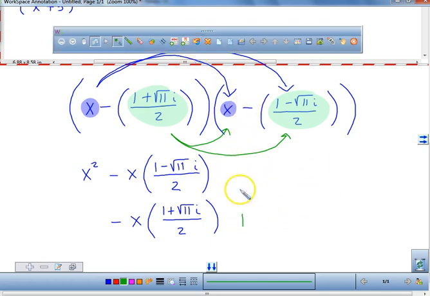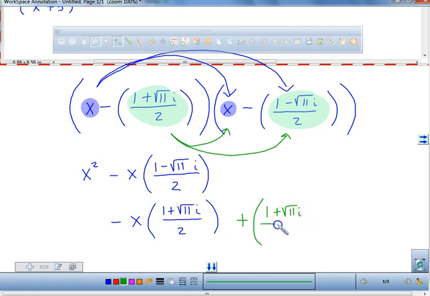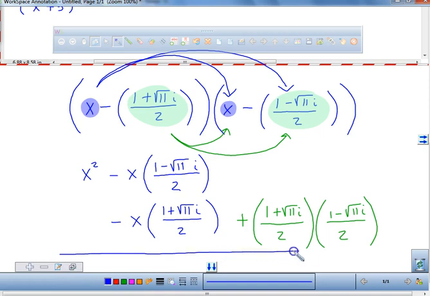But how in the world do we multiply 1 plus radical 11i over 2 times 1 minus radical 11i over 2? So right now, this is all the math that we're going to be doing on this problem is right here. And what we're going to do is break it down into two things.